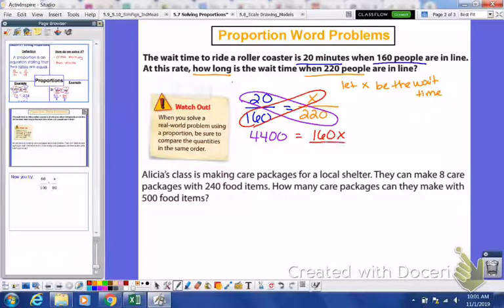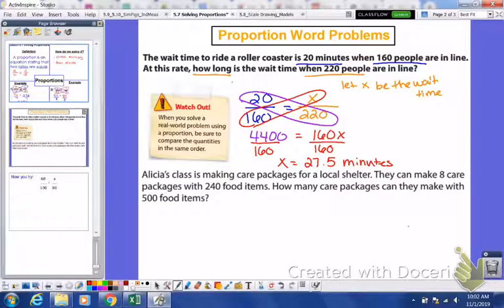So then we divide by the number with the x on both sides. And we get that x equals 4,400 divided by 160, which gives us 27.5. And as always, word problems require a label, and we were talking about minutes. So when there are 220 people, it would be a 27.5-minute wait.